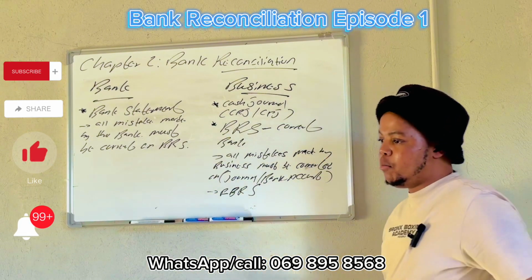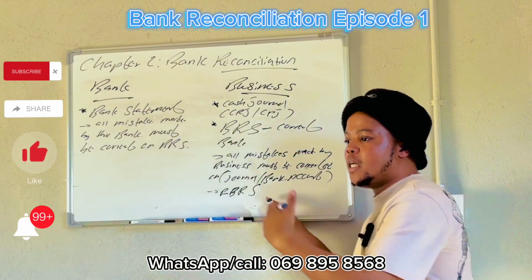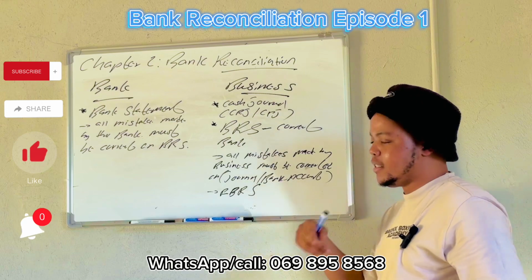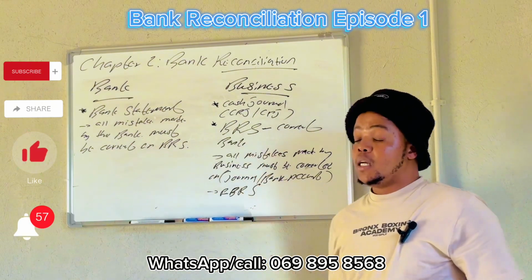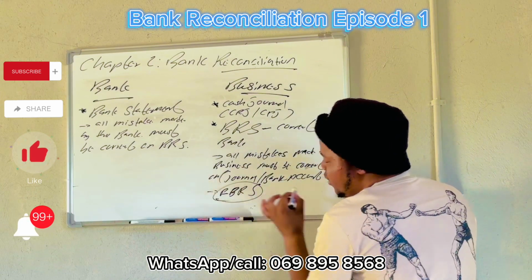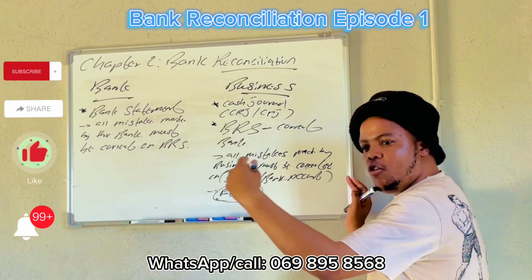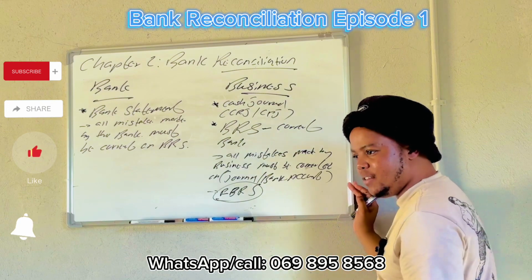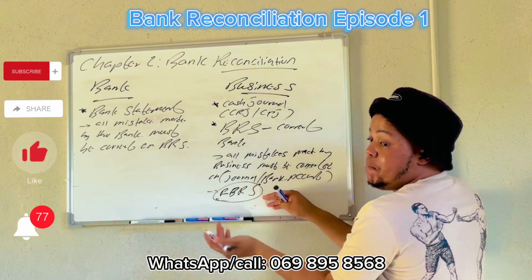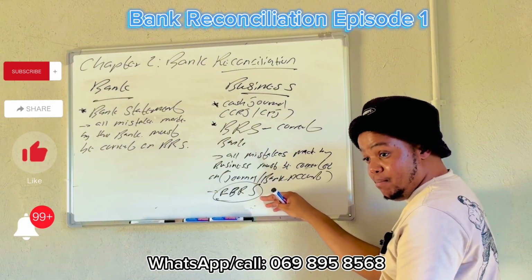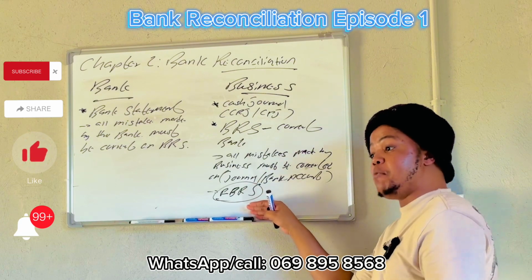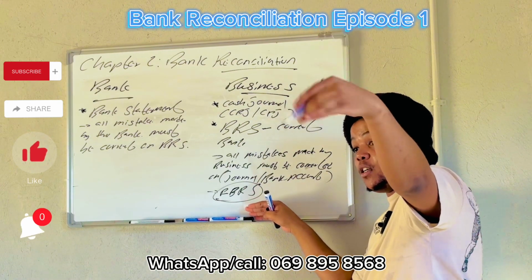And the other thing that you need to be aware of, there will be what we call PBRS. P stands for previous BRS. We are all together. PBRS stands for what? Previous BRS. So here, remember, the BRS is always prepared every month, right? So when you are preparing the BRS for this month, May, you also need to refer to the mistake made in the previous month, April, right?